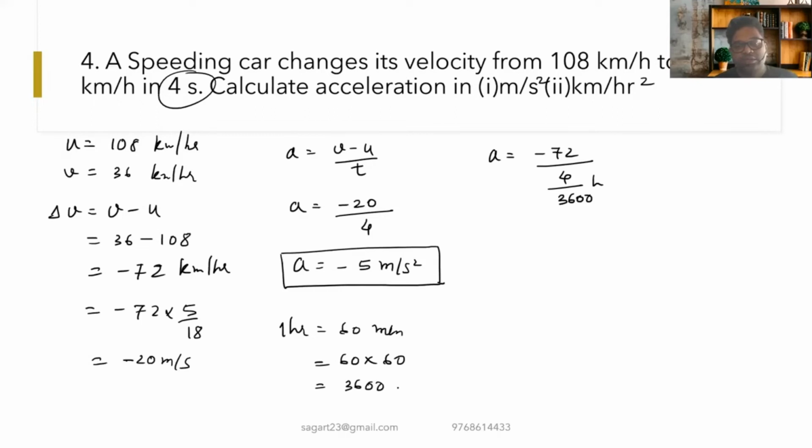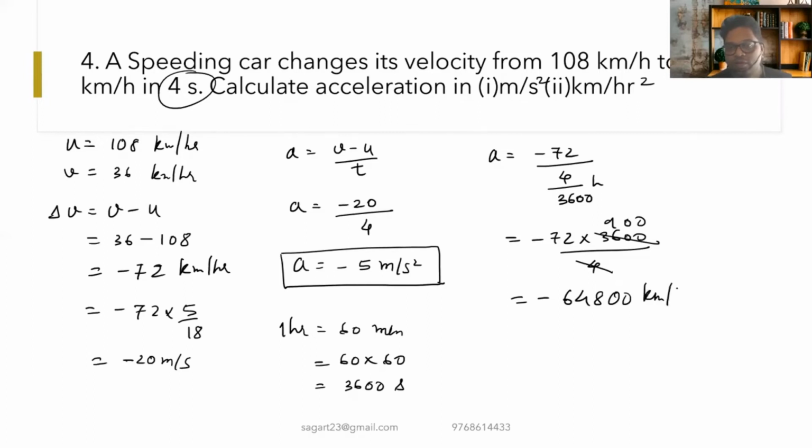So that is 3600 seconds. Okay, so this is minus 72 into 3600 upon 4. This will be 900, okay, 1800 kilometer per hour square.